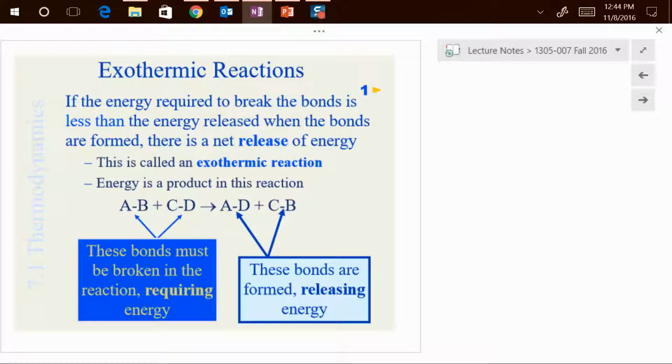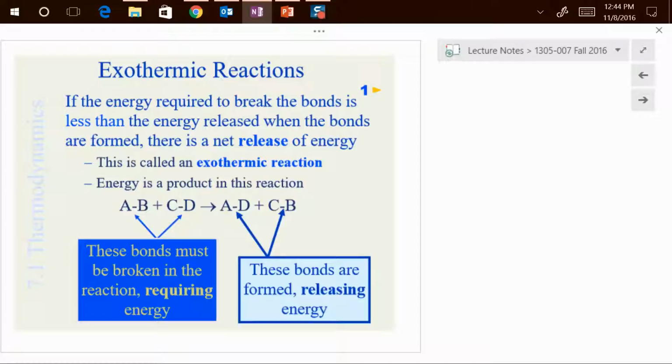So this is the endothermic part of a reaction, and this is the exothermic part of a reaction. Every reaction has an endothermic and an exothermic part to it. They all do. Okay? But the question is, which one's greater? Did I absorb more energy or did I release more energy? That's how we describe the reaction.